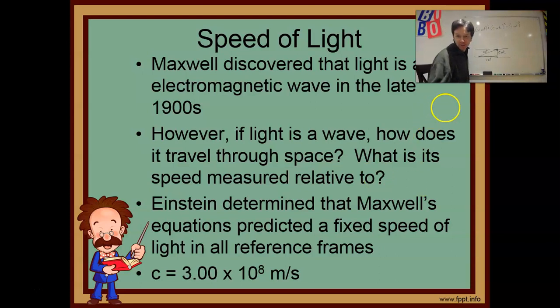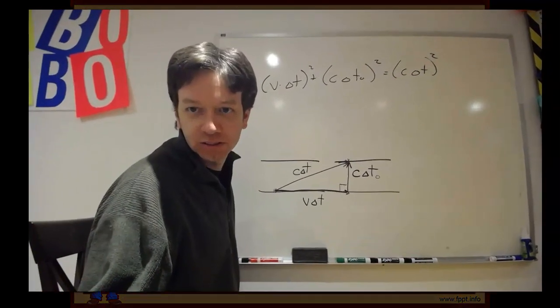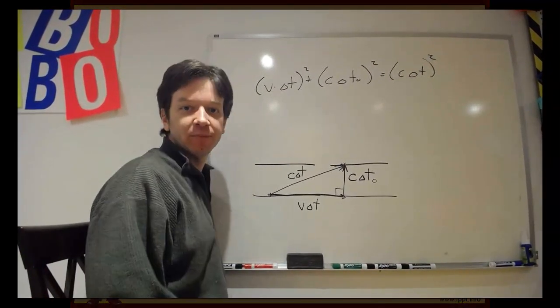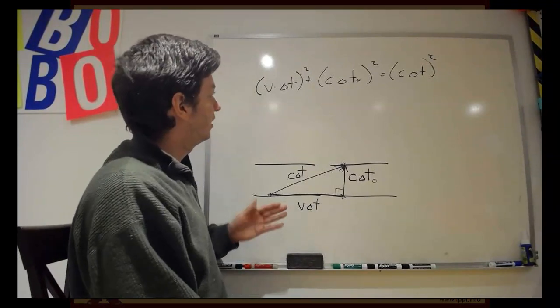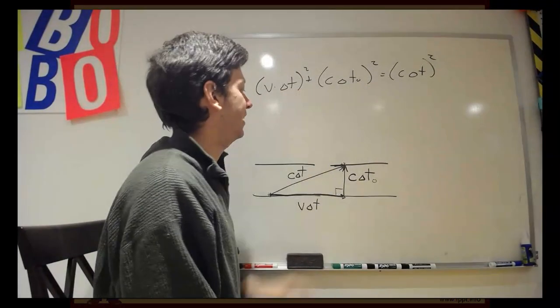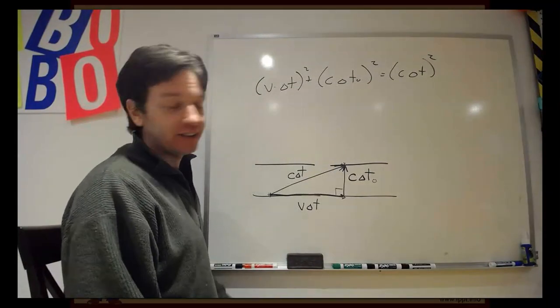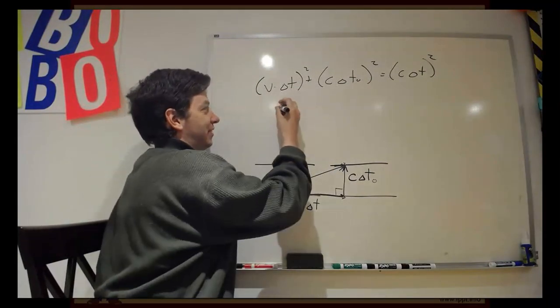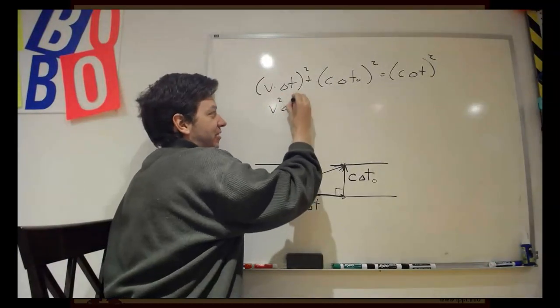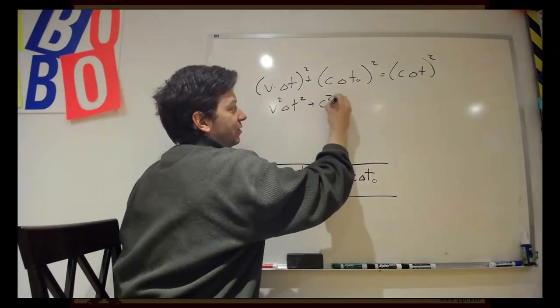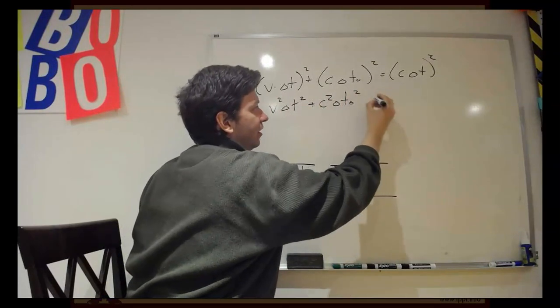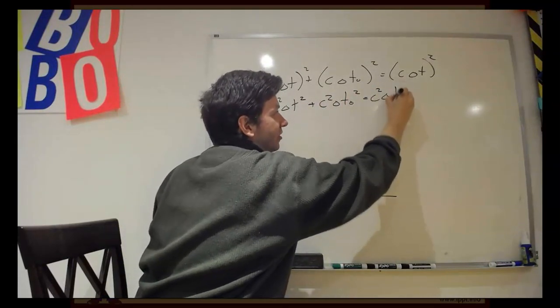Okay, let me make this bigger now. I should have done this earlier, sorry. There we go. All right, so here's our Pythagorean theorem. All right, let's just put those squares in there. So we got v squared delta t squared plus c squared delta t naught squared equals c squared delta t squared.